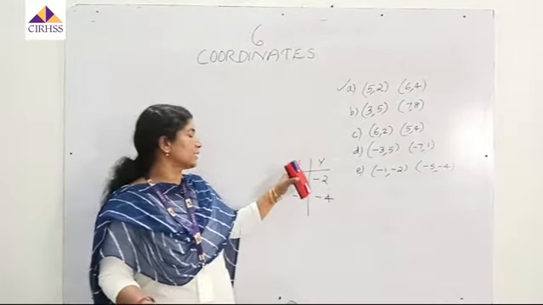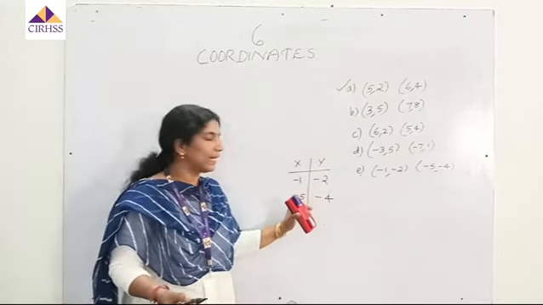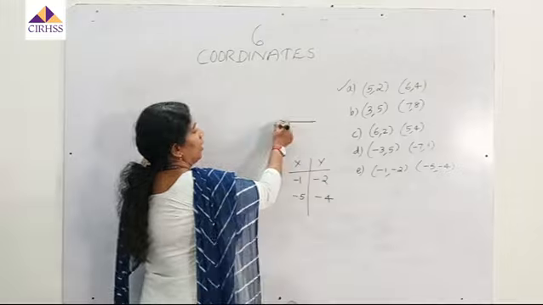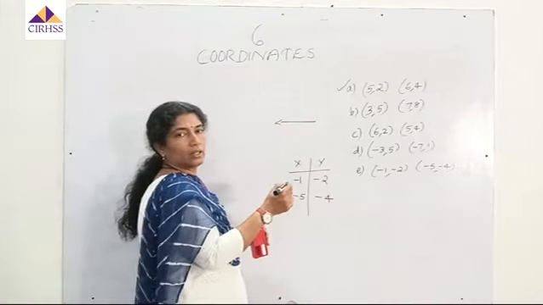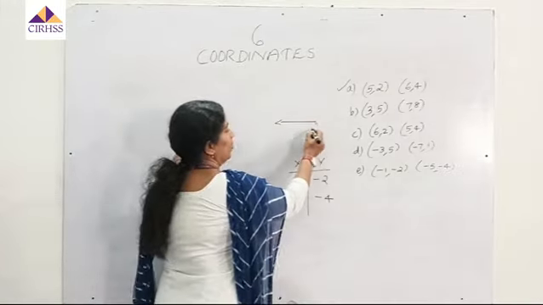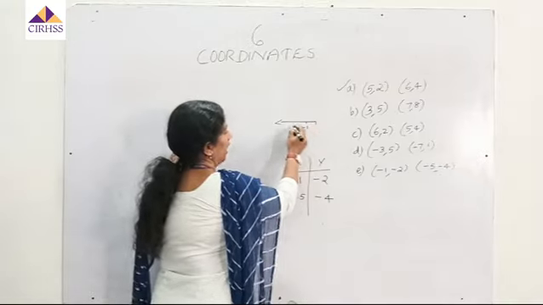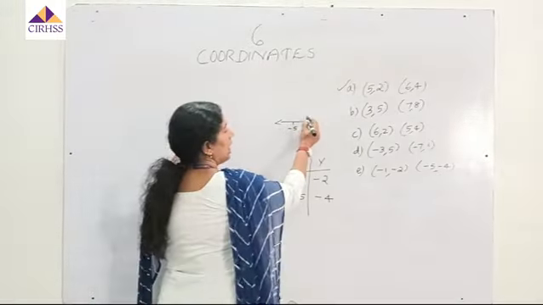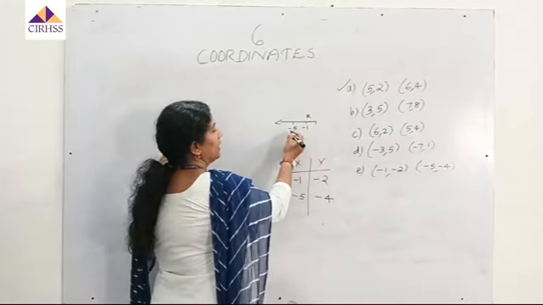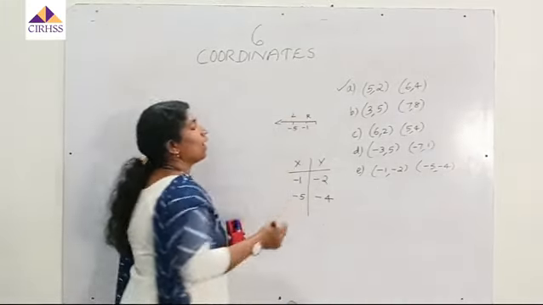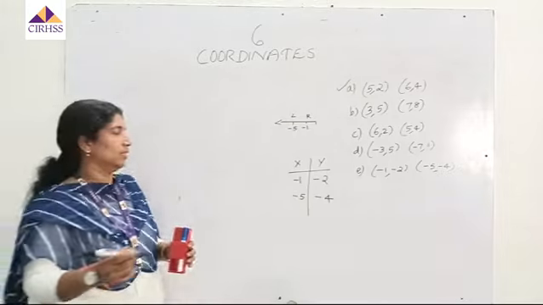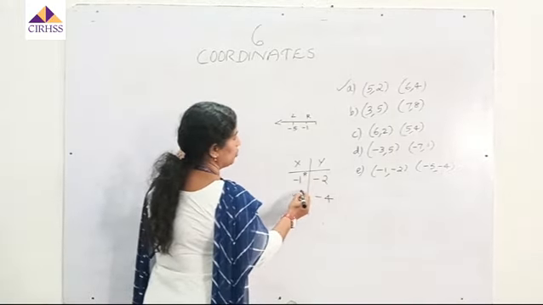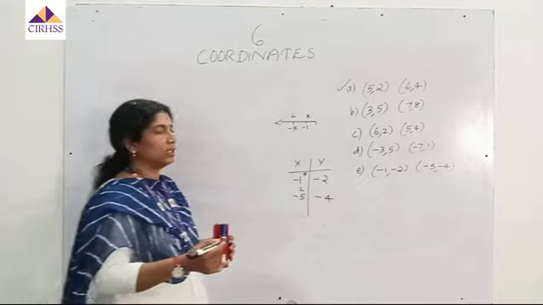Then the values are negatives, so we know that it is in the left direction. Negative 1 is in the right place and negative 5 in the left place. That is negative 1 right, negative 5 left.